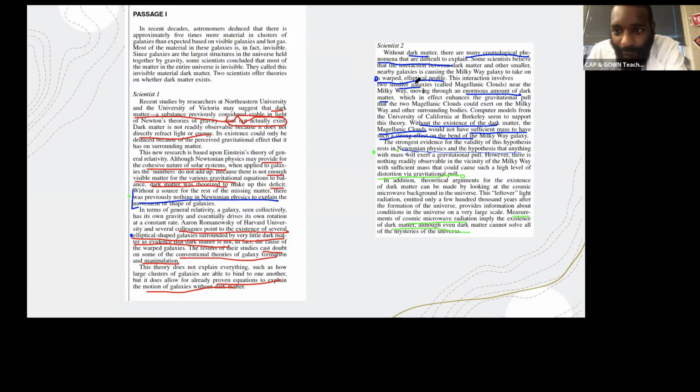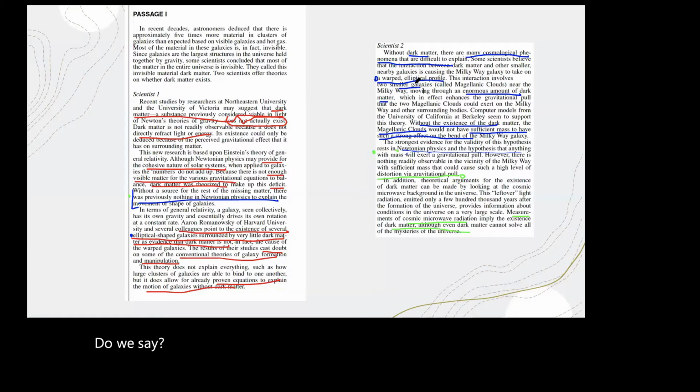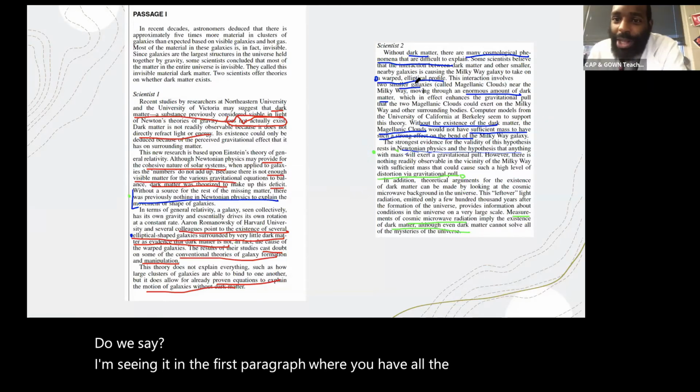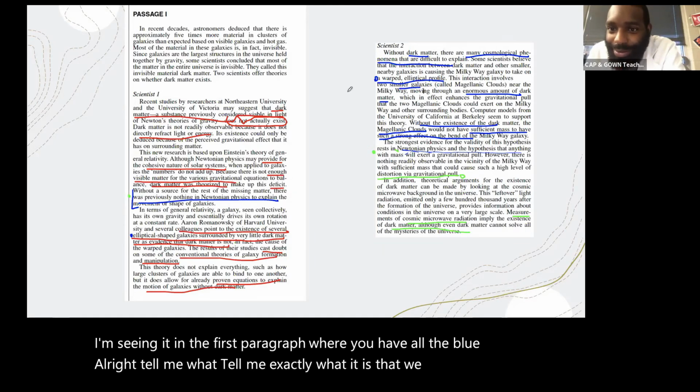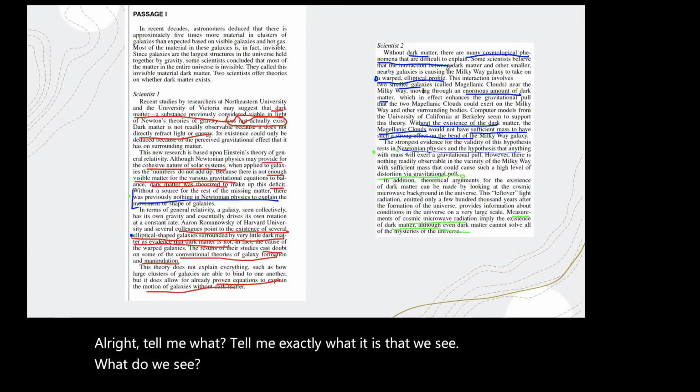Do we see it? I'm seeing it in the first paragraph where you have all that blue. All right. Tell me exactly what it is that we see. What do we see?